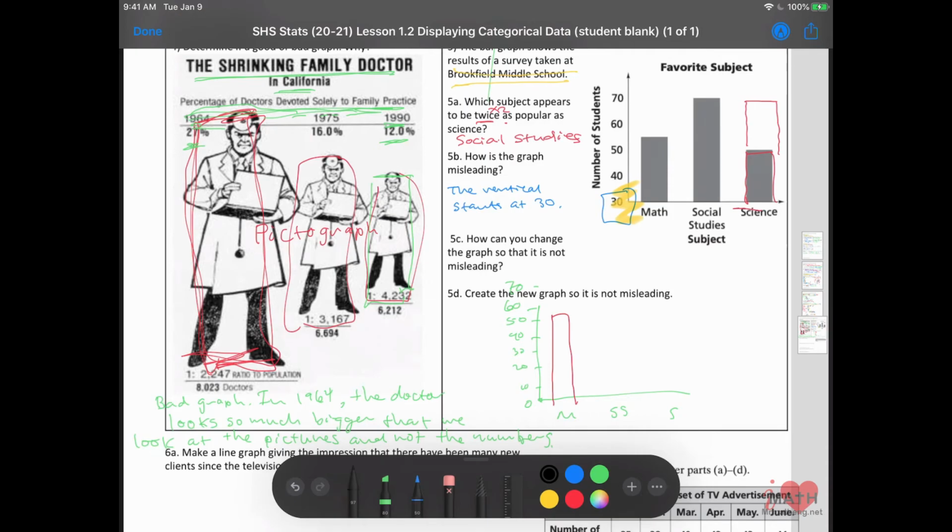Social science goes to 70. And then science goes to maybe, I don't know, 48. Then you might say it's not twice as much, right? Social science is not way better than science. Maybe it's not twice as much as it was before.